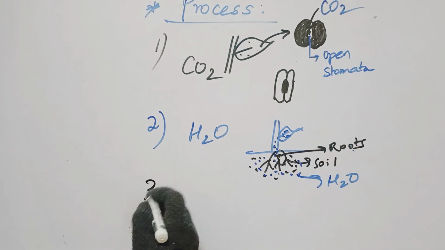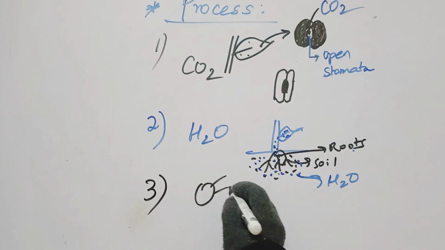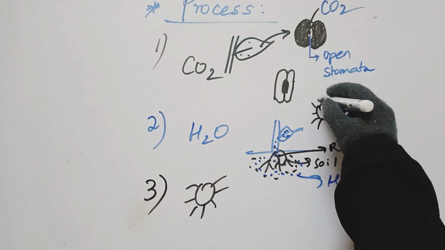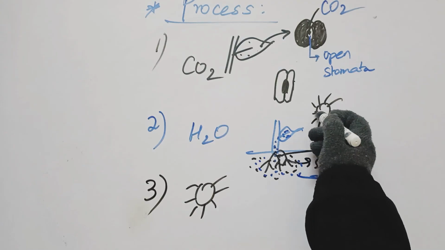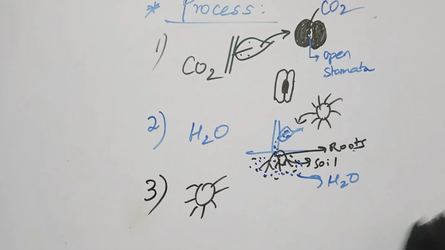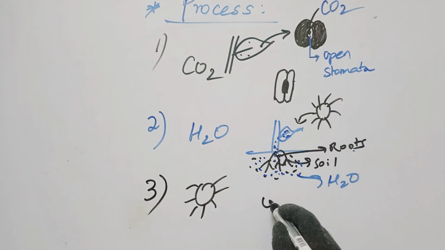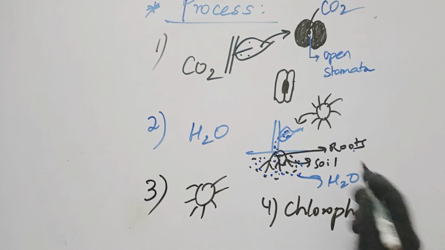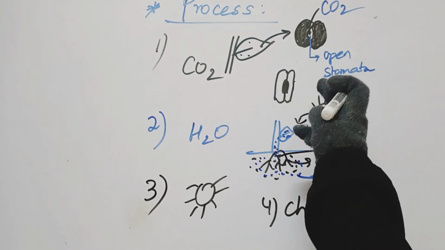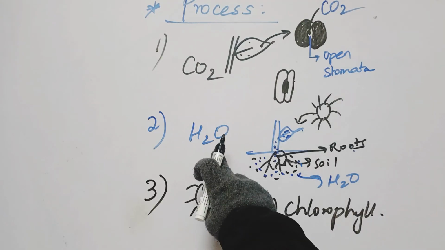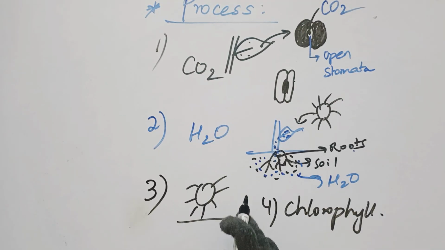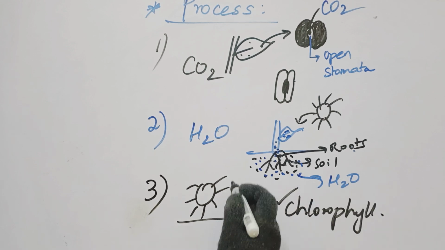Talking about the third ingredient, that is sunlight. As I told you, it is present everywhere, naturally, right? The plant will take sunlight also. And inside the leaf, what do we have? Chlorophyll. So first, the stomata is going to take CO2, water reaches the leaf, and here in the presence of sunlight, chlorophyll traps this sunlight.